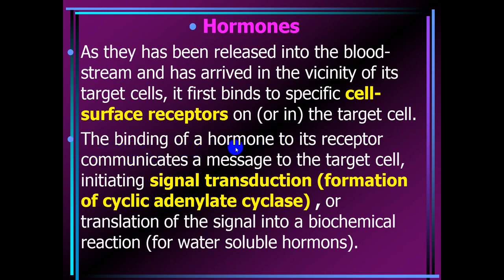The binding of hormone to its receptor communicates a message to the target cell, initiating signal transduction, formation of cyclic AMP by adenylate cyclase.